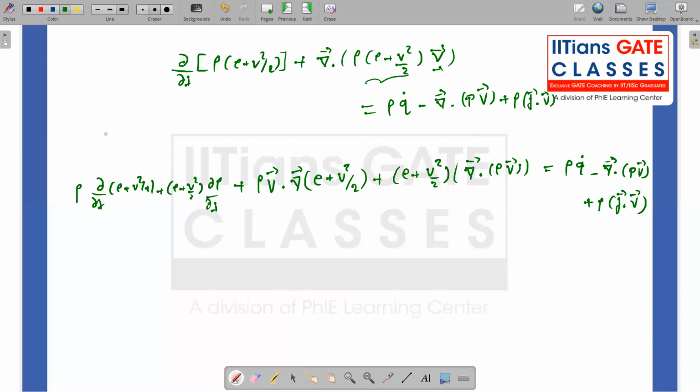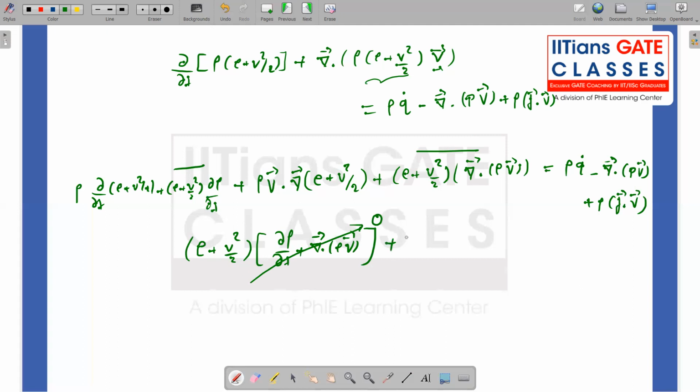If I take (E plus V squared by 2) common from here and here, that gives me (E plus V squared by 2) times (∂rho/∂t plus the divergence of rho V). Again, surprise, surprise, this is our continuity equation, so this term goes to 0.